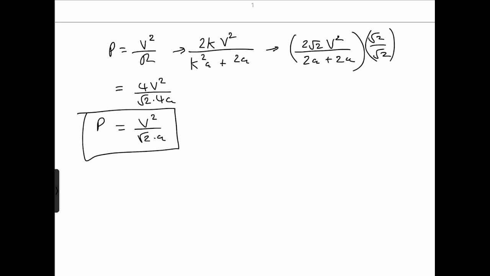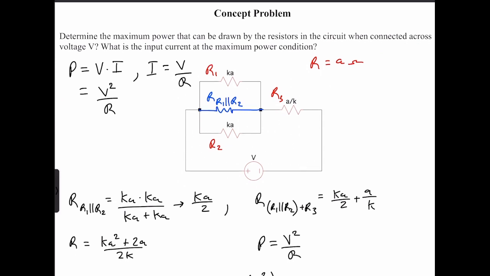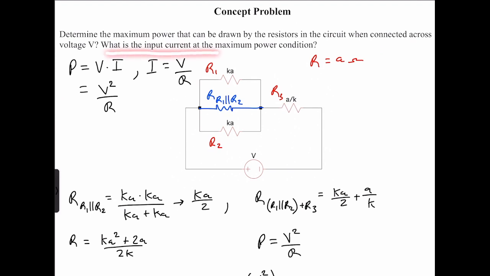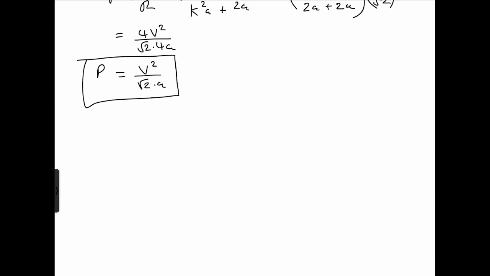And at the maximum power condition, what is the input current, or what is the maximum input current? So now we can find current, because current is, in our case, V over R. Well, we have the power and we have the voltage. So basically we just rearrange the power equation, because we want to find the input current at that condition.